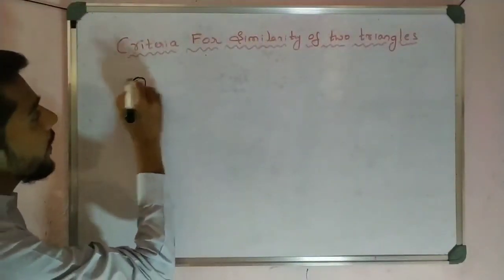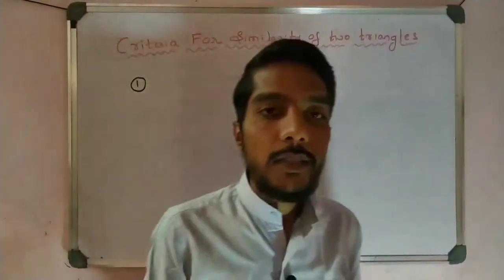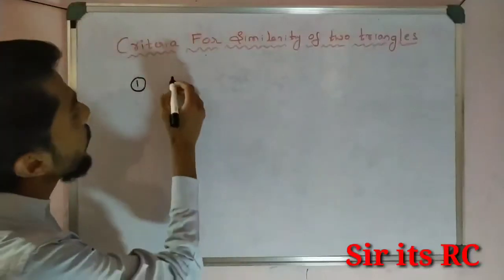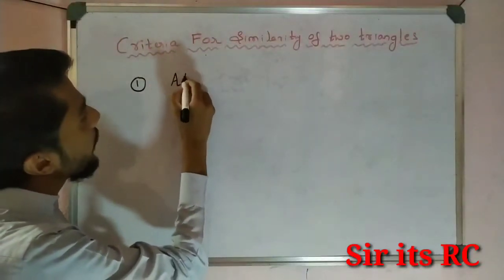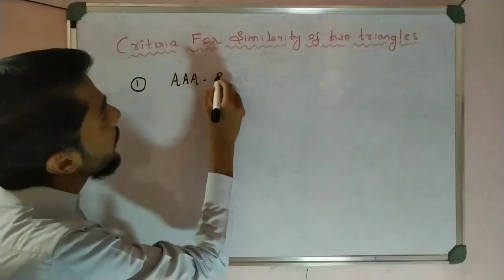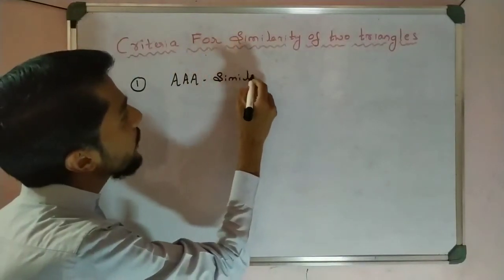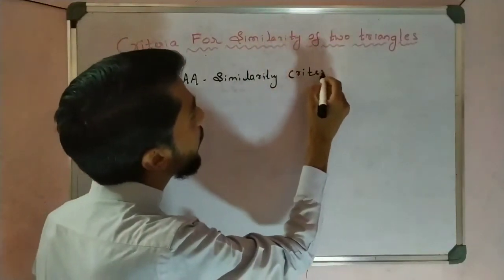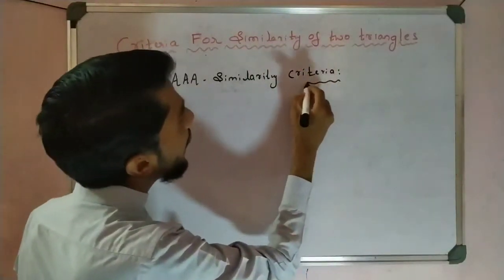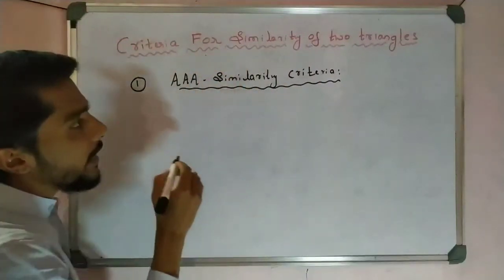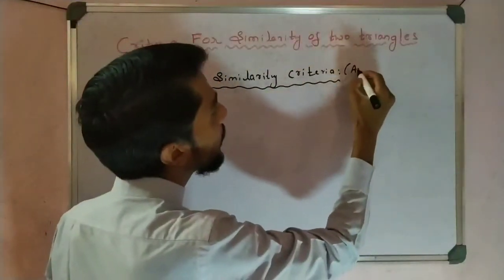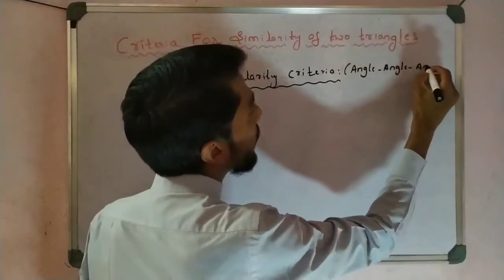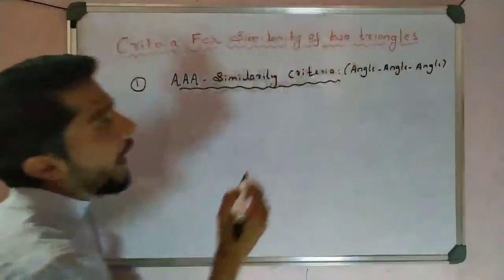Criterion number one is used to say that the given two triangles are similar. The first one is the similarity criterion, also called triple A, where A stands for angle.